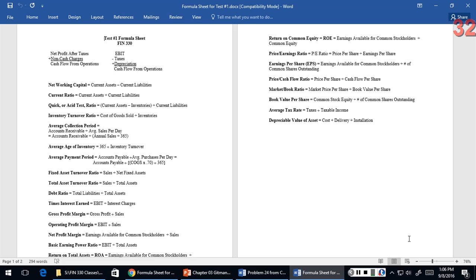What is your net income? That's exactly right. Now, if this company had shares of preferred stock, like the example in the book, then you would have to subtract preferred stock dividends to come up with earnings available to common stockholders. But since they don't have preferred stock, earnings available to common stockholders on your formula sheet is the same thing as net profit. Okay?